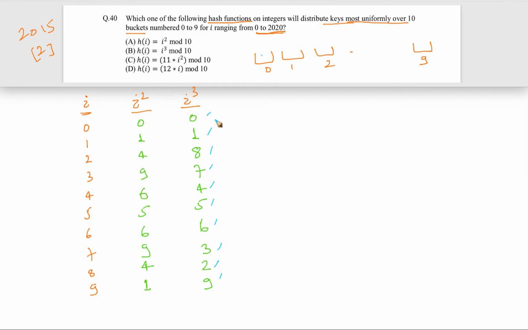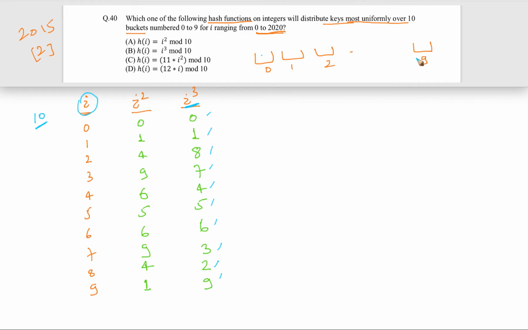There is just a different arrangement, but each of the first 10 values has a one-to-one correspondence with some other value between 0 to 9. So if you take the first 10 integers, then as I distributes uniformly, I cube is also going to distribute most uniformly. But what is the question?